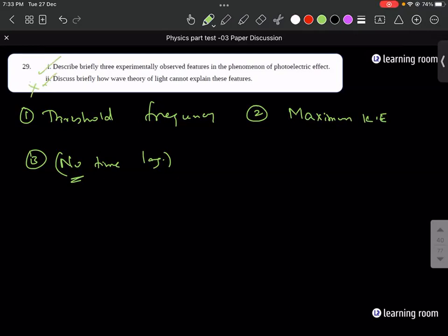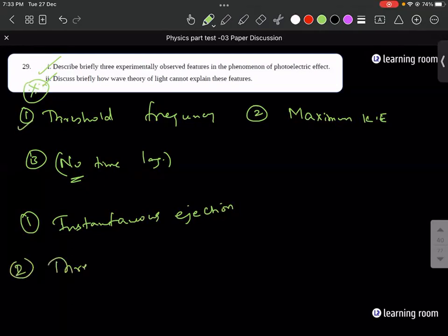Second, this is also an important question. Why could wave theory not explain the photoelectric effect? First, it could not account for the instantaneous ejection of electrons. Secondly, it did not explain the threshold frequency.